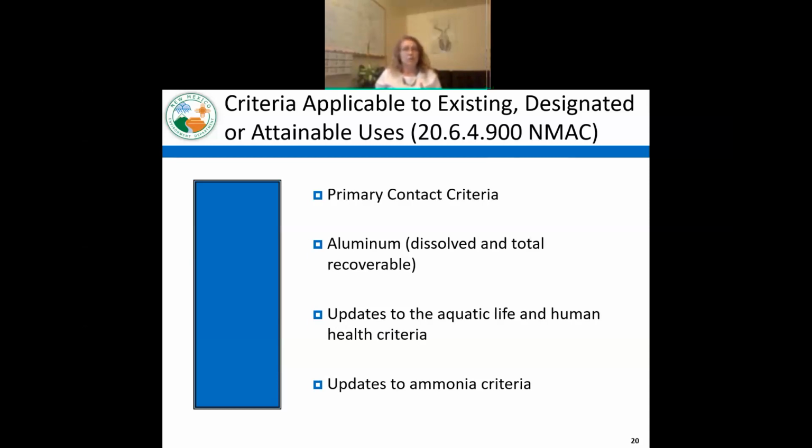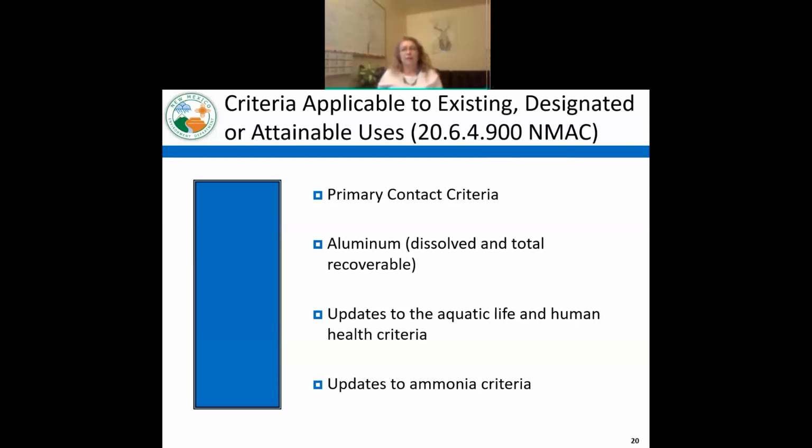These pollutants are being updated to comply with 40 CFR 131.20, which requires a state to adopt criteria established under Section 304(a) of the Clean Water Act or derive alternative criteria that are demonstrated to be protective of the use. As part of the aquatic life use criteria updates, EPA also recently updated the acute and chronic aquatic life ammonia criteria. So amendments proposed in subsections K, L, and M of Section 900 reflect those updates as well.